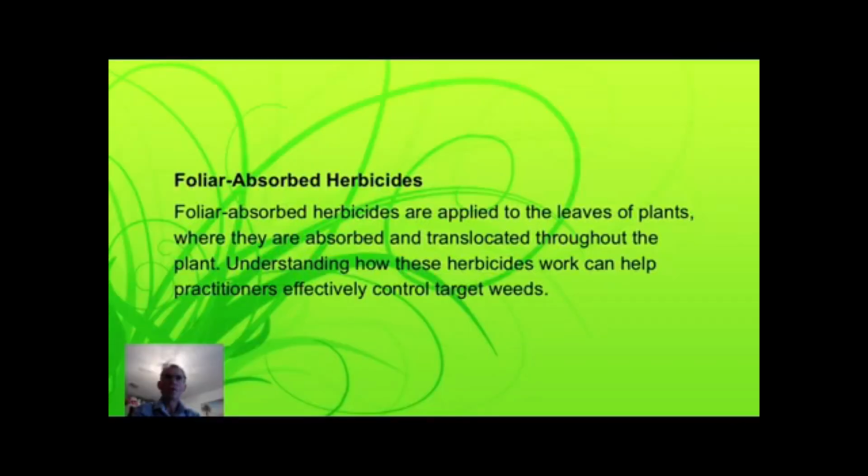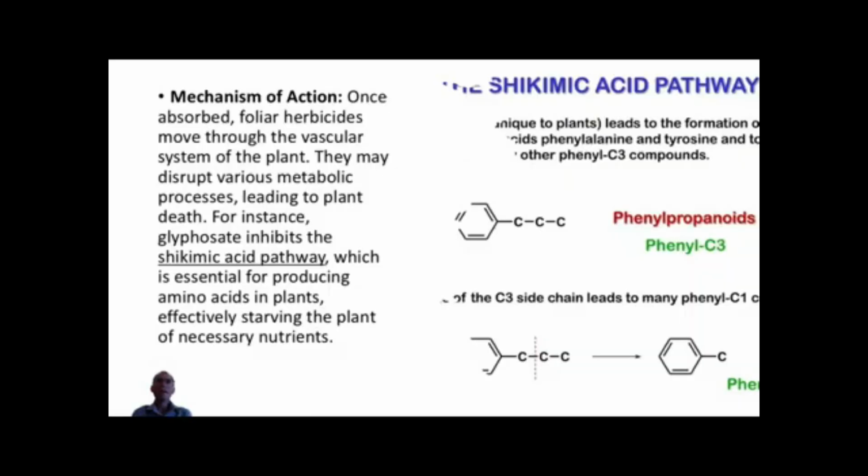Foliar absorbed herbicides are applied to the leaves of plants where they are absorbed and translocated throughout the plant. Understanding how these herbicides work can help practitioners effectively control target weeds. Mechanism of action. Once absorbed, foliar herbicides move through the vascular system of the plant.